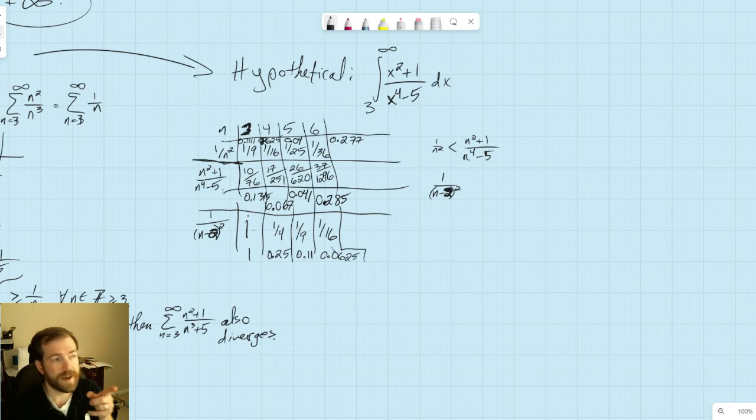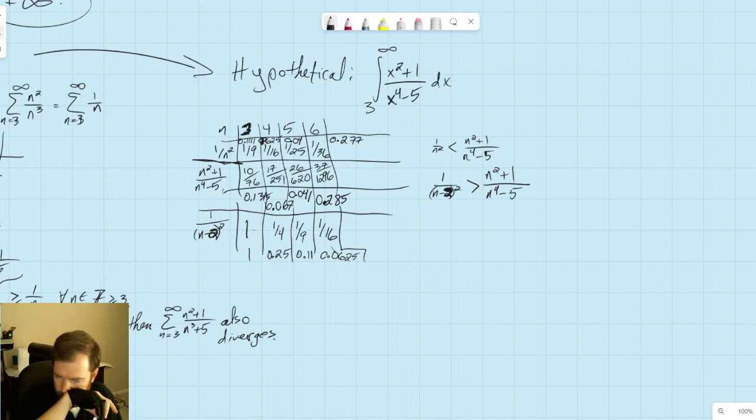All right, now that we look at it, this stuff here, 1/n minus 2 parentheses squared, is always going to be greater than n² plus 1 over n to the 4th minus 5. Always. And if you want, you can actually work it out by trying to solve this equation and see what kinds of things you get. Again, n greater than or equal to 3.